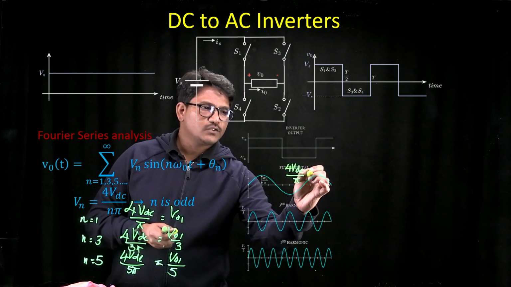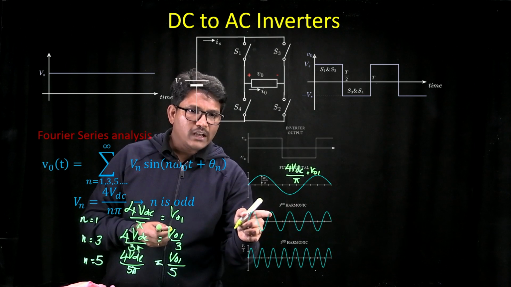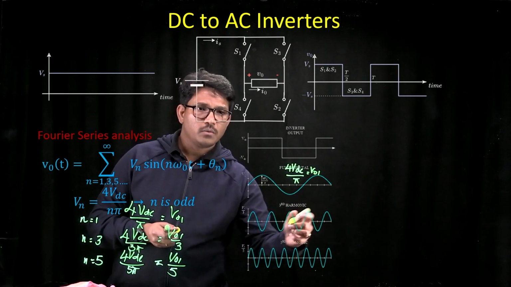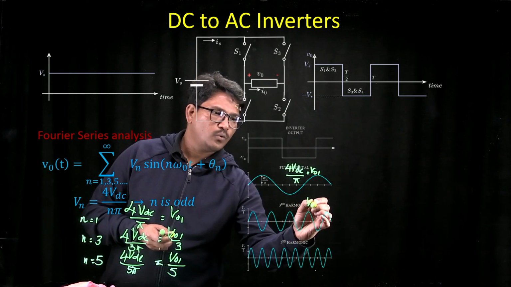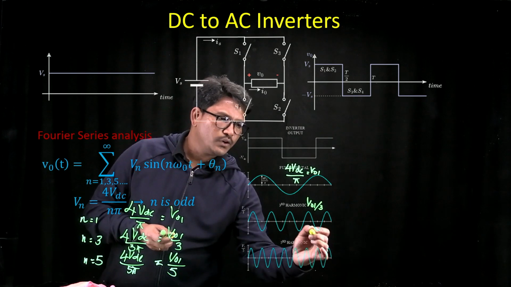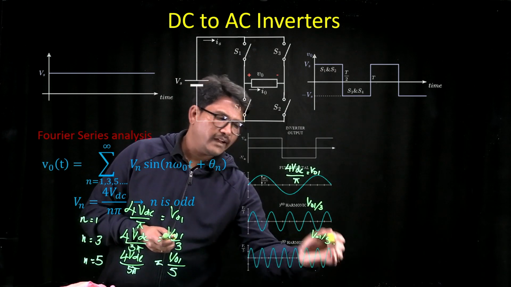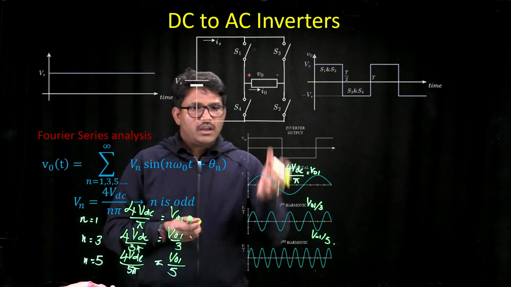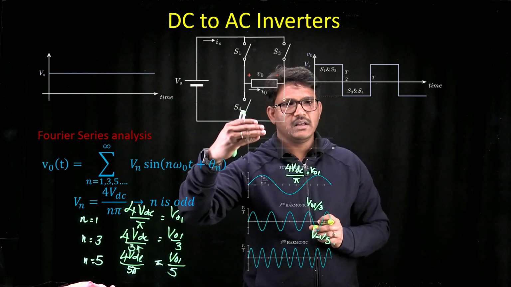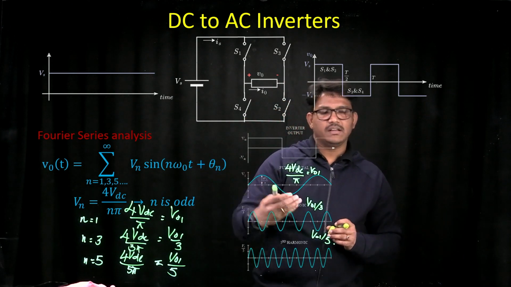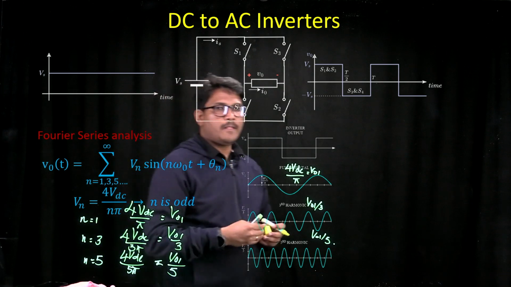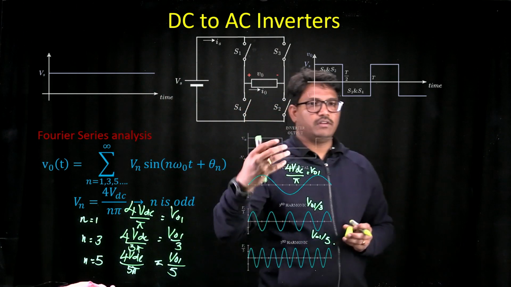If you say that this is V01, then the peak value of the third order harmonic is going to be V01 upon 3, and the peak value of the fifth order harmonic is going to be V01 upon 5. So if you combine all these waveforms, that is when you will be able to represent your square wave. Though we started with 1 and ended up with 5, if you go for higher and higher frequencies, the accuracy of representing your square wave will be higher.